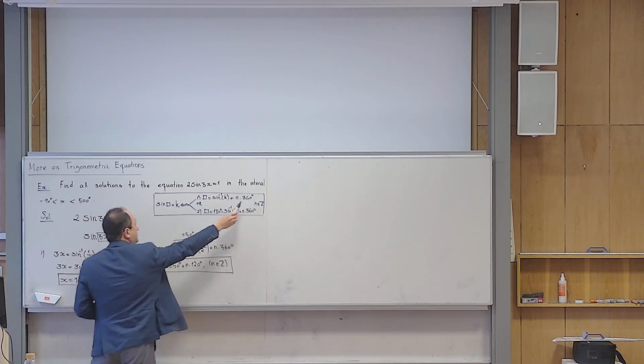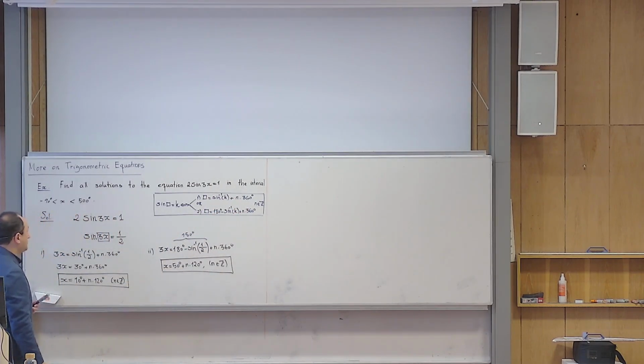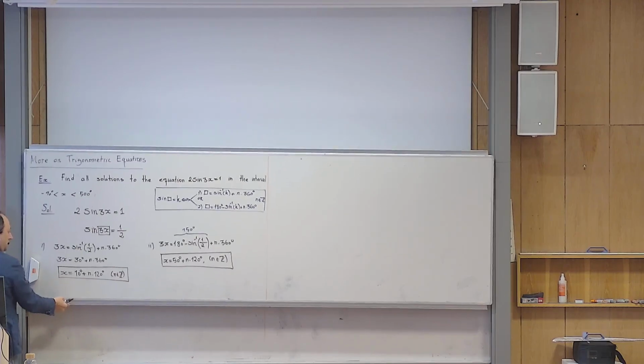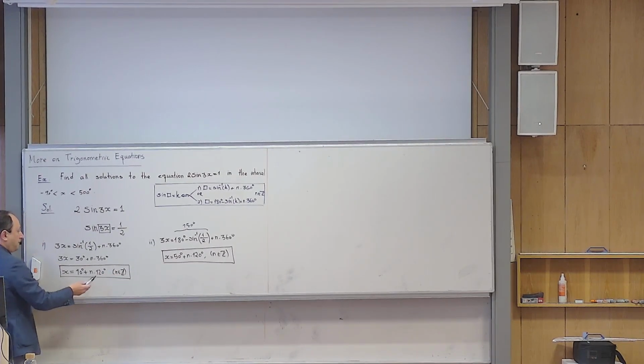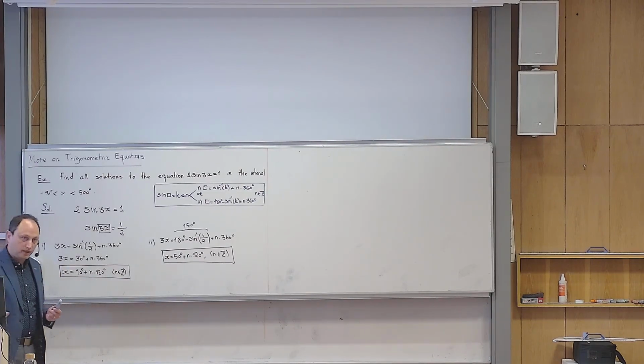But now the rest of it is asking you to find all solutions in this interval. Yes? So I have to fine-tune the values of n so that it guarantees me that this answer lies somewhere here. Okay, I don't think that's hard. For example, n is an integer, so you need to consider negative values, 0, and positive values, the whole numbers. So let us start with -1.